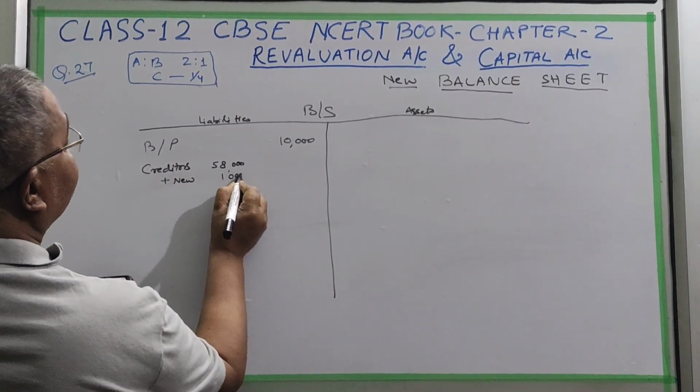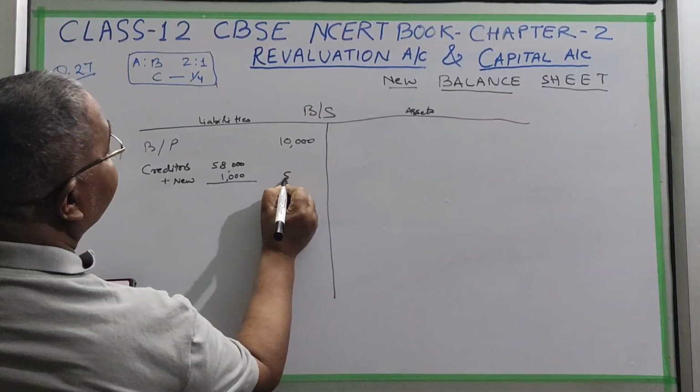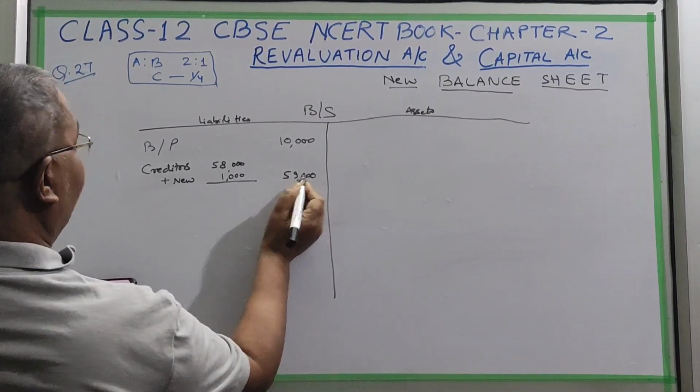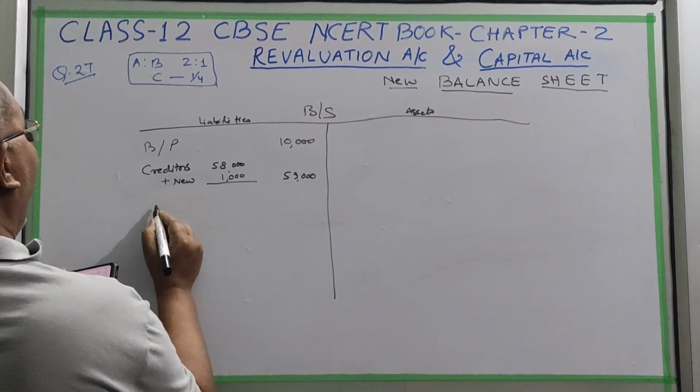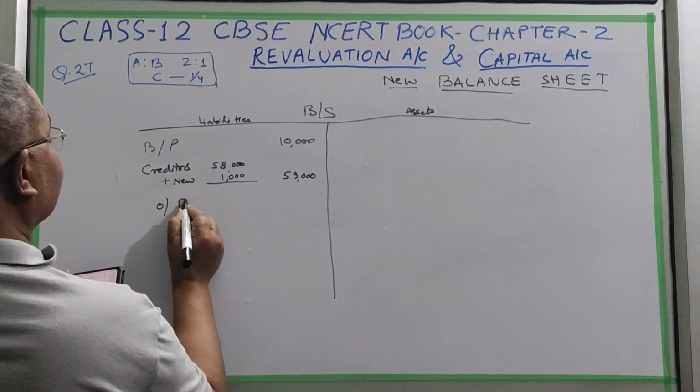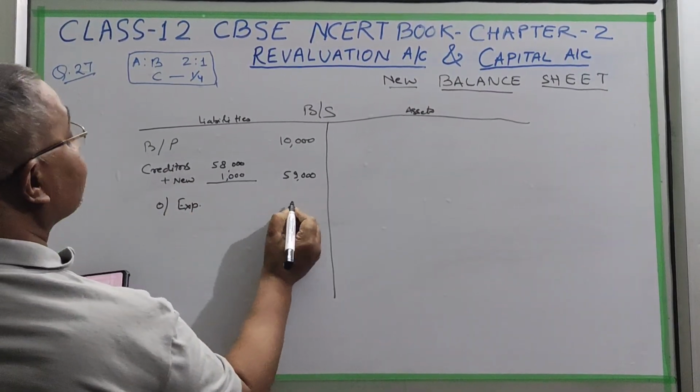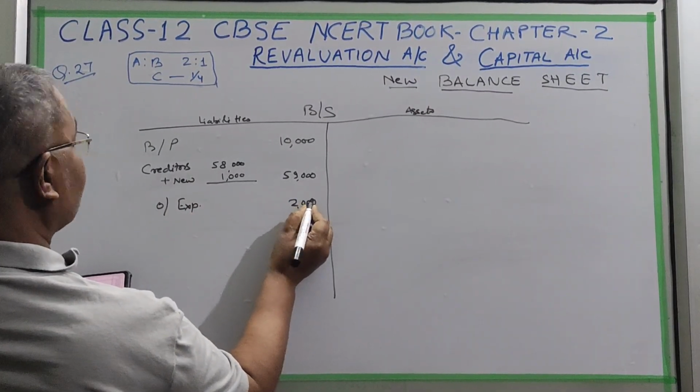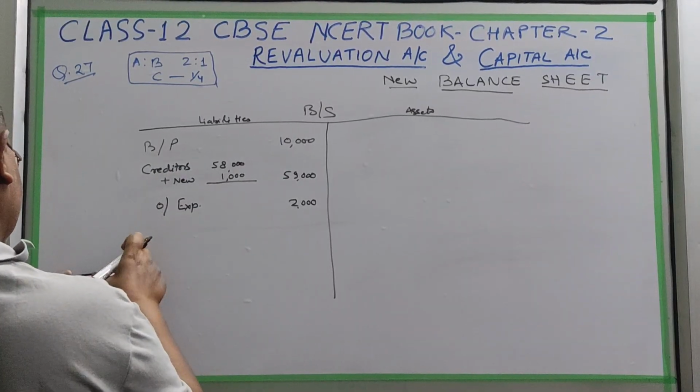So it became 59,000. Outstanding expenses 2,000 is given.